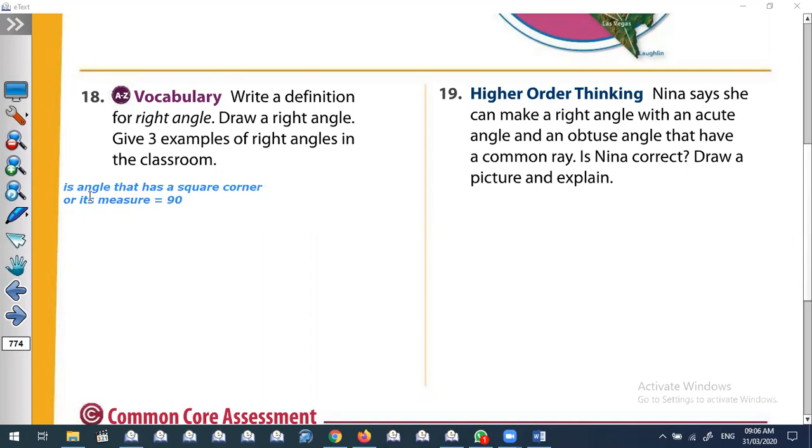A right angle is the angle that has a square corner or its measure is 90 degrees.